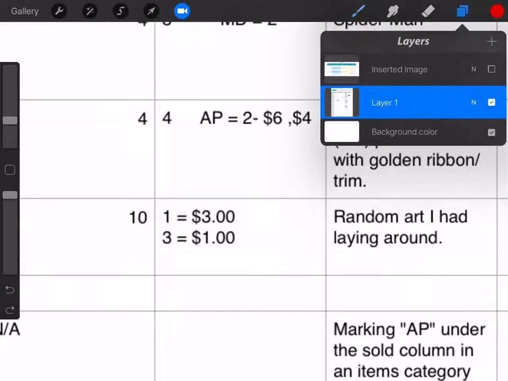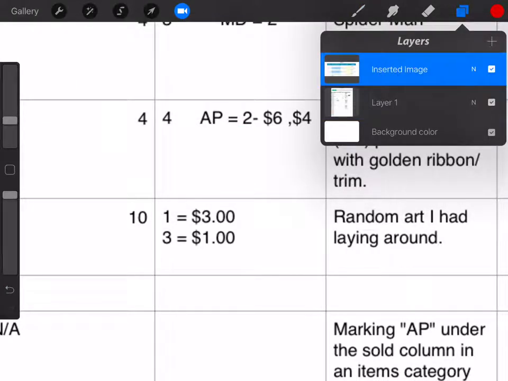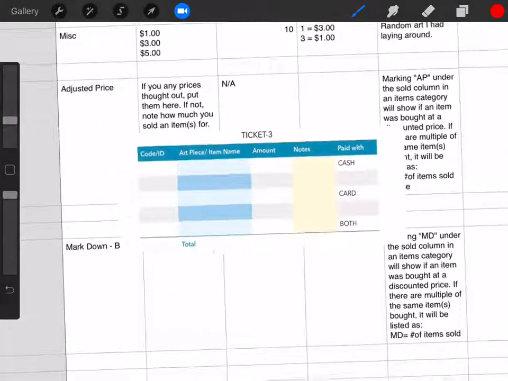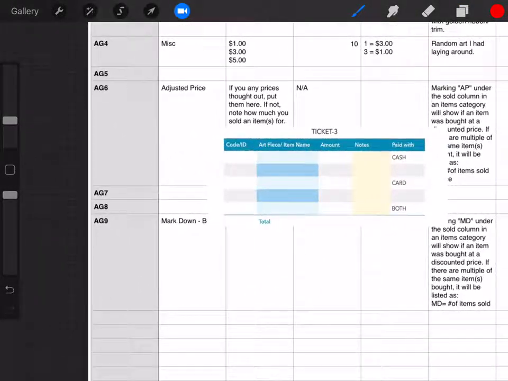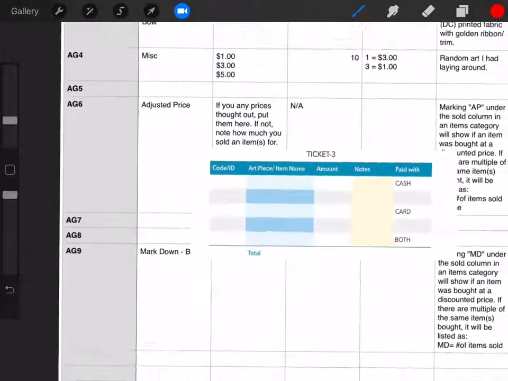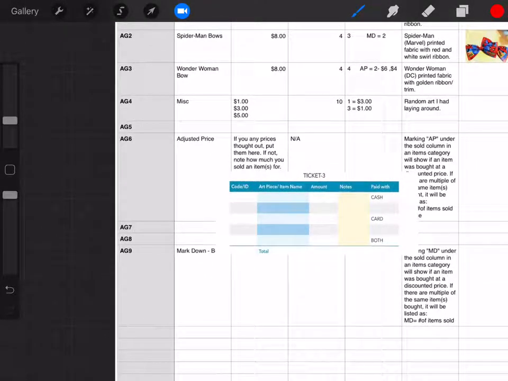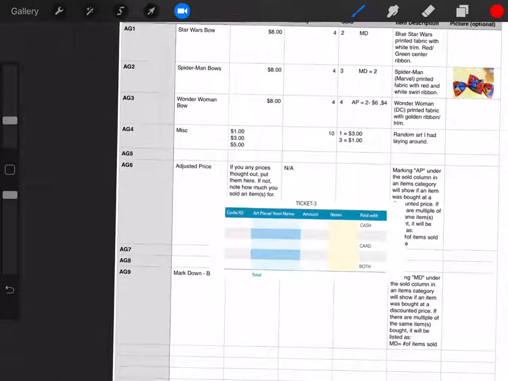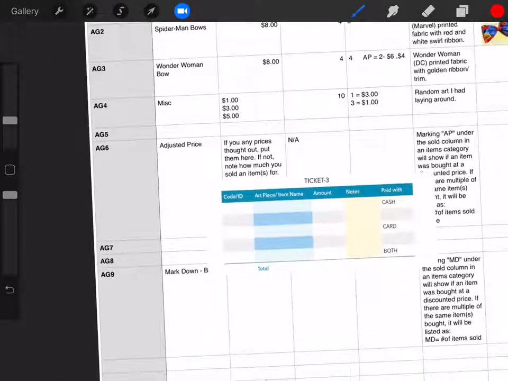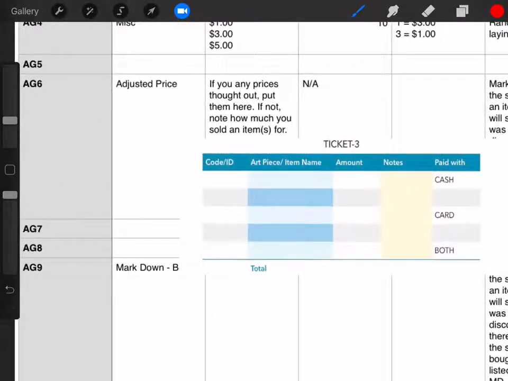So again, if you're going back to that sheet, I have my AG6. So I have, what did I say? Wonder Woman. We'll have a couple items on there, whatever. We'll say Wonder Woman bow, AG3.